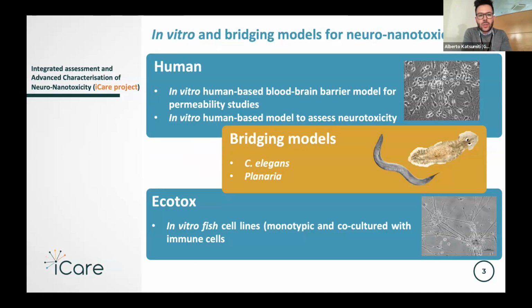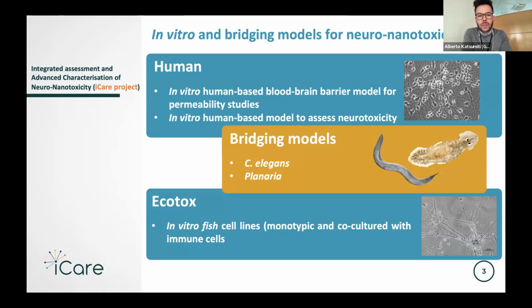As you can see here, we have 3 layers of development. We have the human part, the bridging models, which is basically the interface of human and environmental, and then the ecotox models as well. In the human part, we have 2 main developments. The first is focused on the development of an in vitro human-based blood-brain barrier model for permeability studies.